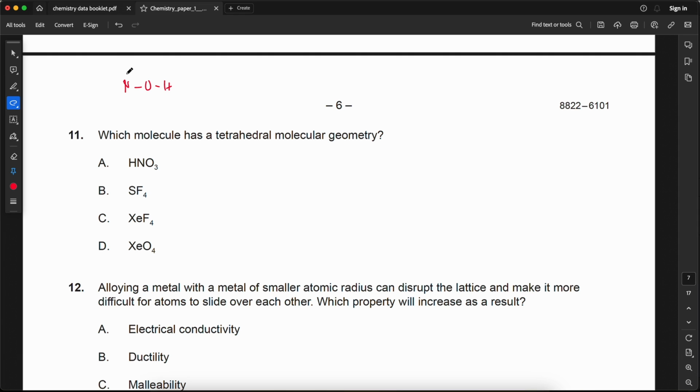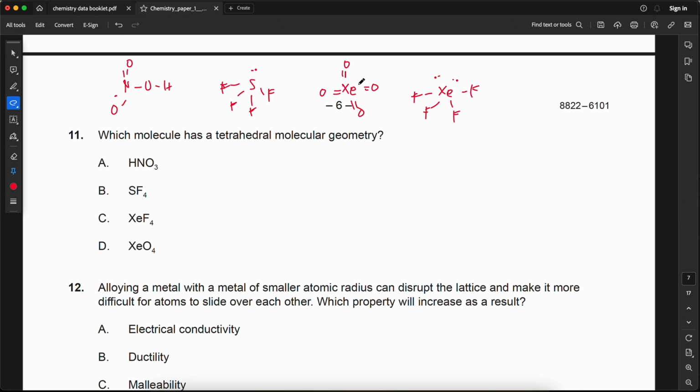NO3-, HO, and SF4, and XeO4, and XeF4. XeF4 has 6 domains and 2 lone pairs, so its molecular geometry is square planar.